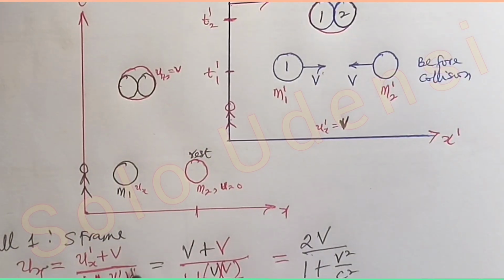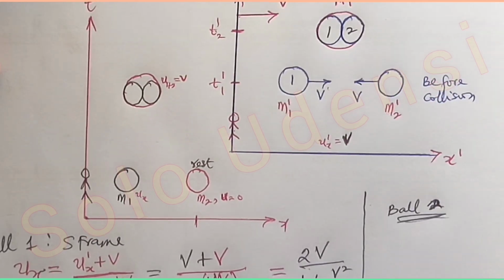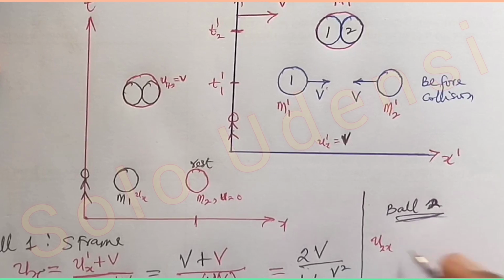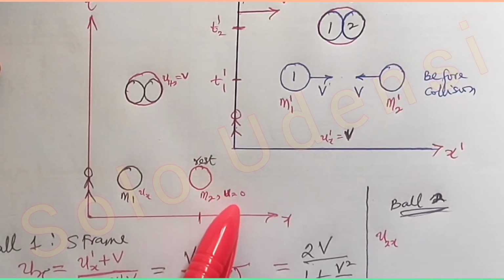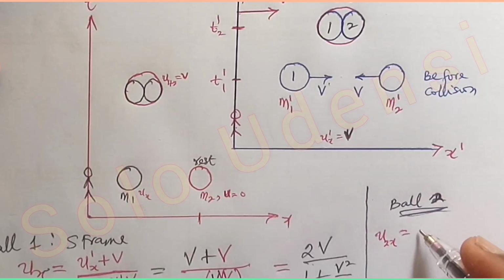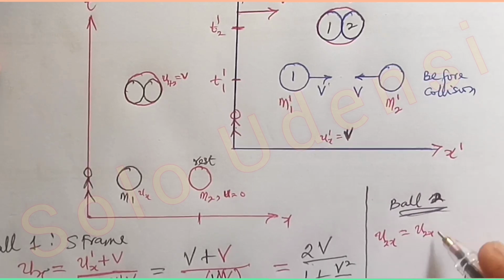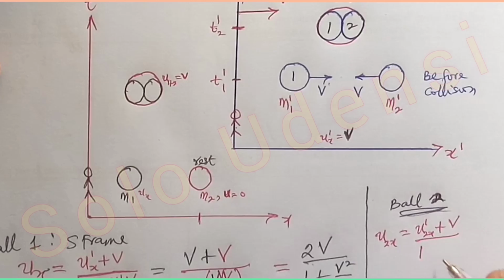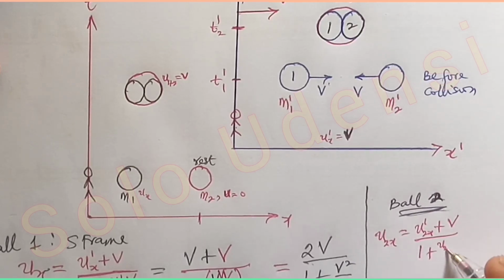Remember, if we use this same thing for ball 2, he will see u2x, if I like, here. We want to show that it will be 0. u2x prime plus v all over 1 plus u2x prime v over c squared.